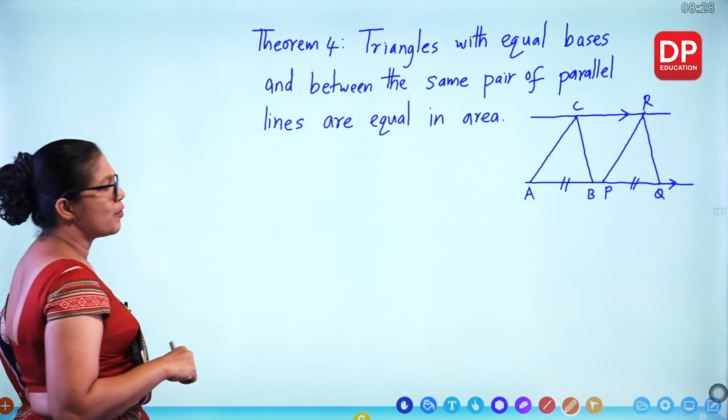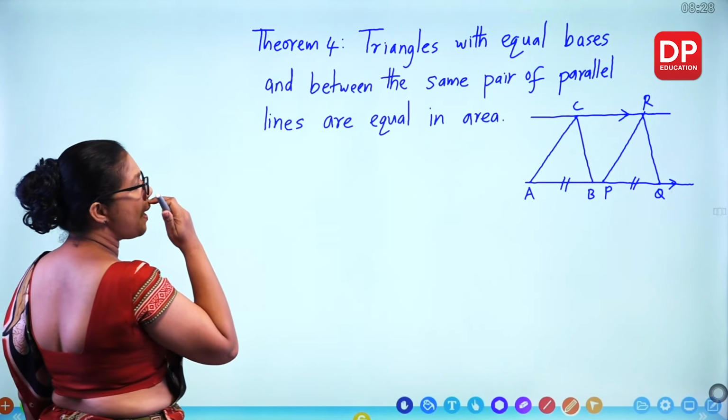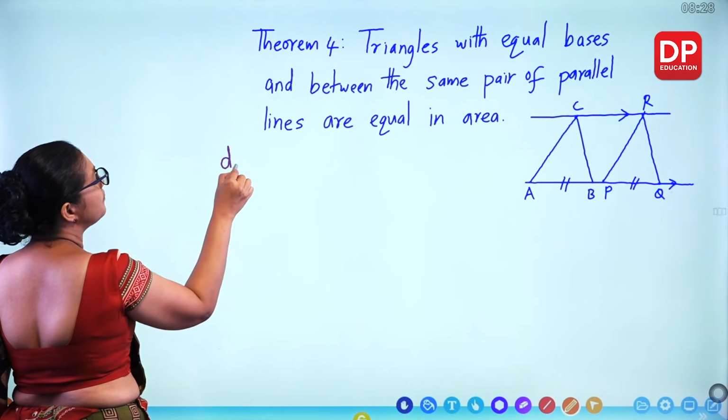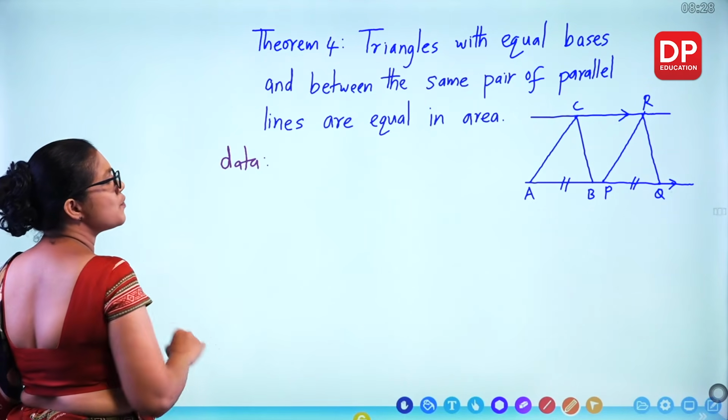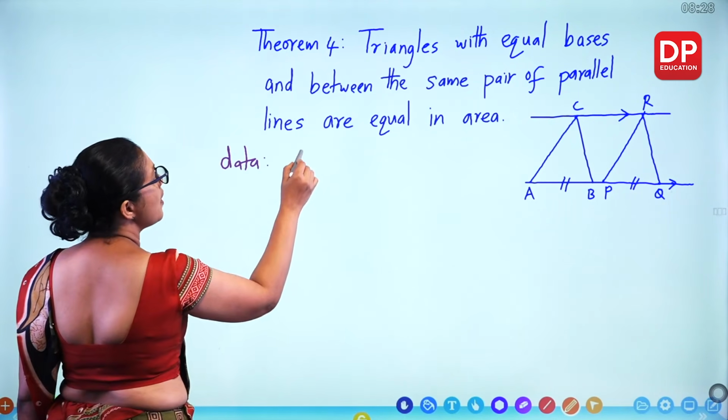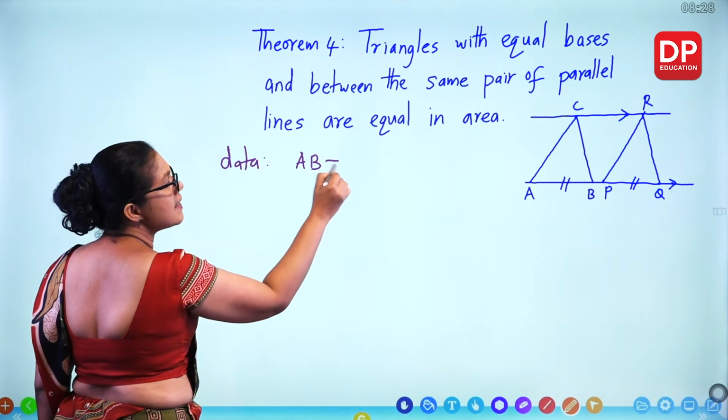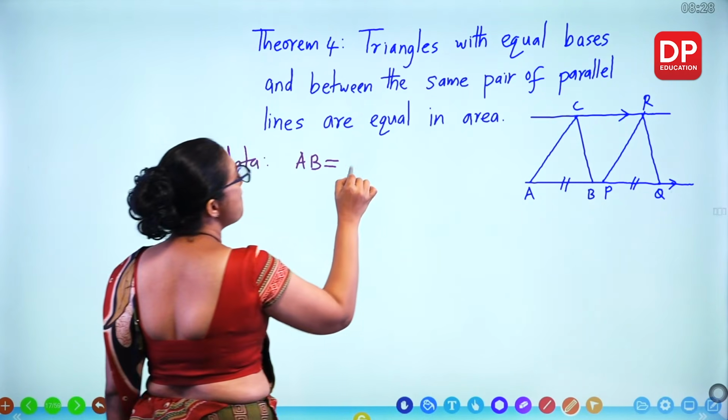How we can prove this? We'll take the data, the things that we know. We know AB length is equal to PQ length.